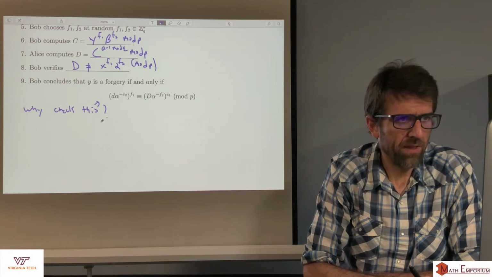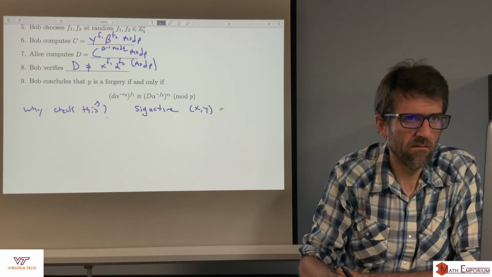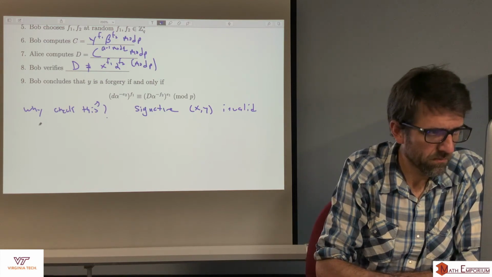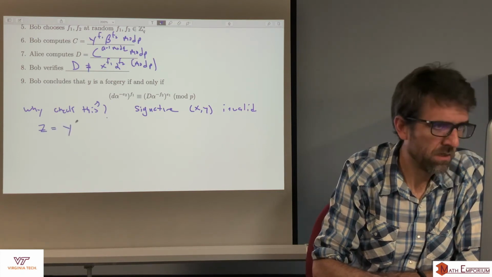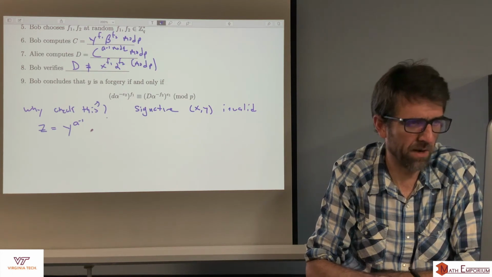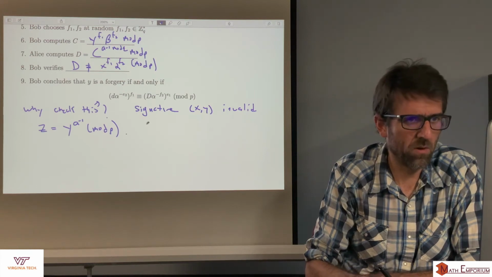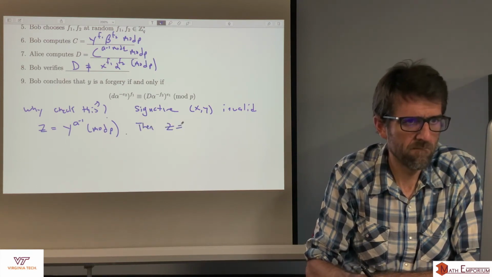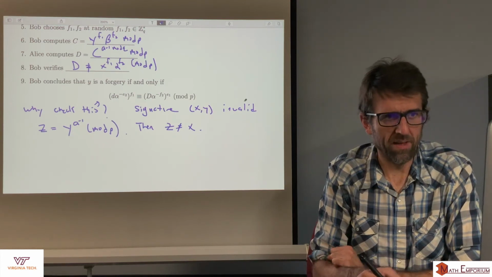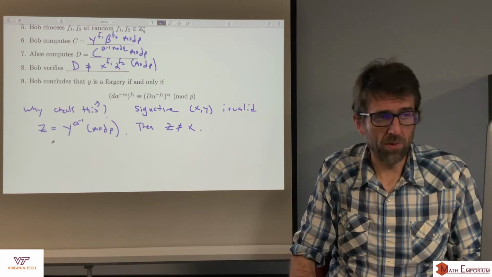The idea is that if the signature is invalid, then if we look at Z, I'm going to call Z y to the A inverse, and of course, assume for now on all inverses and the exponents are taken mod Q. Then Z is not going to be equal to X, because if the signature was valid, then y to the A inverse would be sent back to X. The signature is invalid, so Z is something different than X. However, it's consistent throughout the two parts of the protocol.